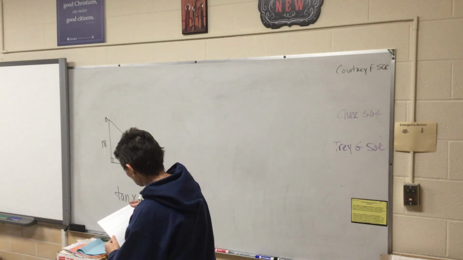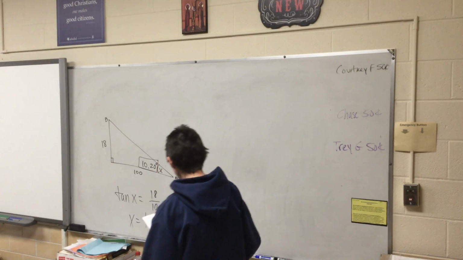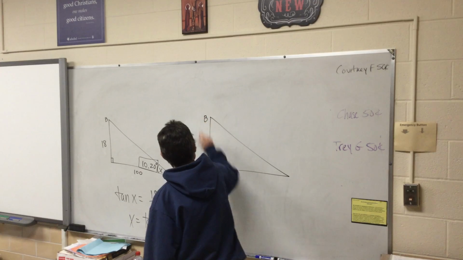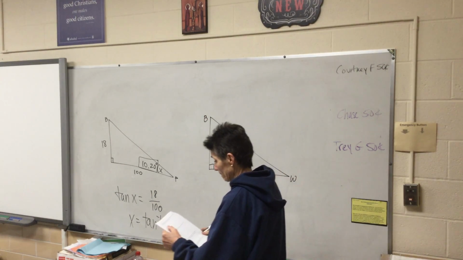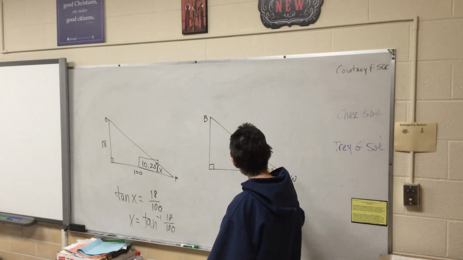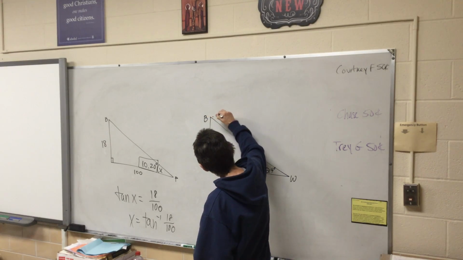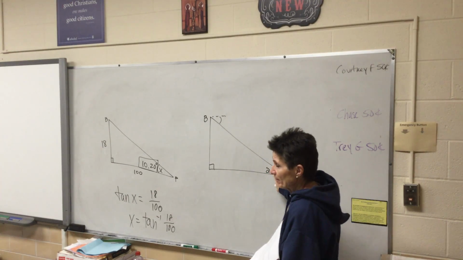Let's look at B. Find the distance from a worm on the ground to a bird in the top of a tree. So we got a bird in the top of a tree again, and he's looking at a worm on the ground. The angle of depression is 24 degrees. Remember, technically the angle of depression is up here, but we're never going to draw that. We're always going to put it right down here.